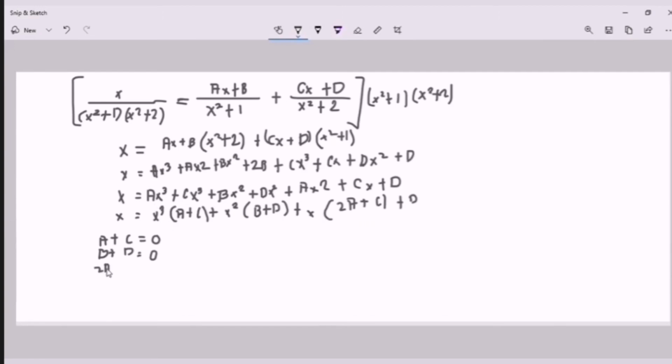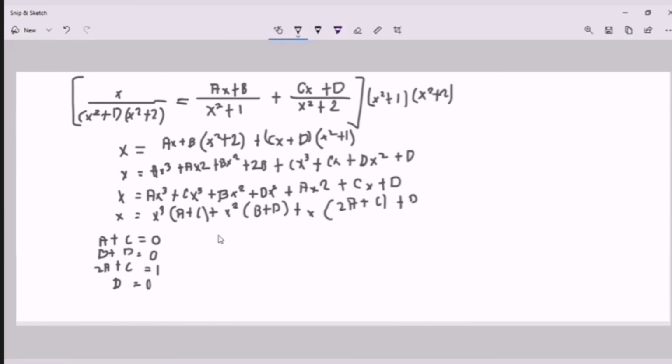Then b plus d, which is the coefficient of the quadratic term, equals 0. Then the linear term, 2a plus c equals 1. Then 2b plus d equals 0. So since we already have our value for d, let us substitute this value to the second equation to find the value of b.